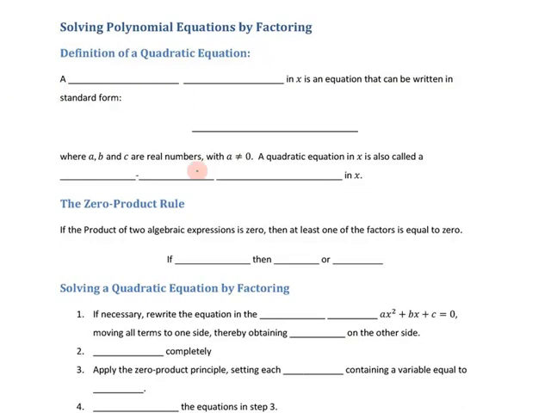Now before I even start filling in the notes here, I want to point out the problem we have with polynomial equations. Say for example we have something like x squared plus 2x plus 1 equals 0. The goal for this would be to try to get x equals something, right?